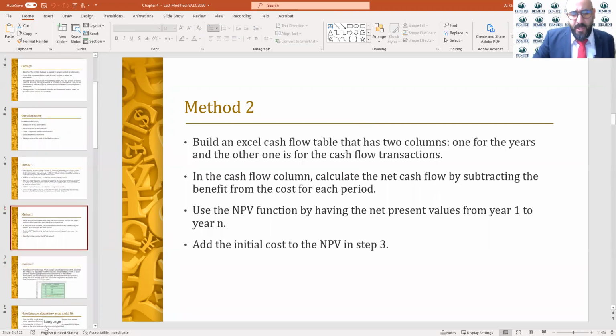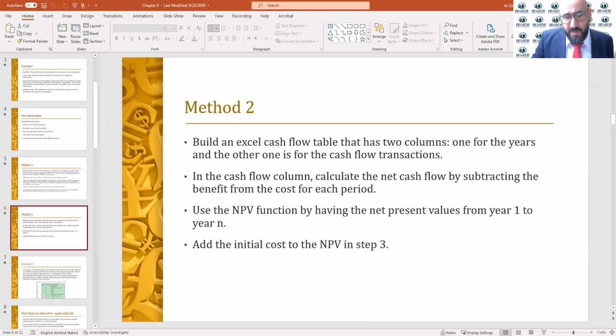Another method for doing it, and this is my favorite way, is simple and easy, but it's risky. This method is about cash flow: building a cash flow table. But before you build the cash flow, you need to understand exactly what transactions you have. If you don't know how to build your cash flow table, you're going to get a wrong result, and based on the wrong result, you will make a wrong decision. So be careful and be familiar with how to build the cash flow table.